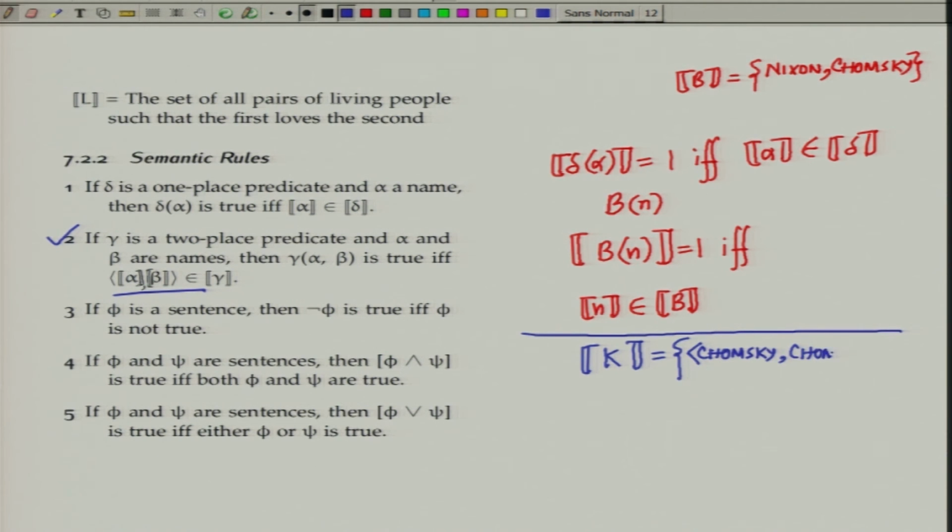So we write this, and at the same time Richard Nixon knows Chomsky, and say Michelle, is the spelling right?